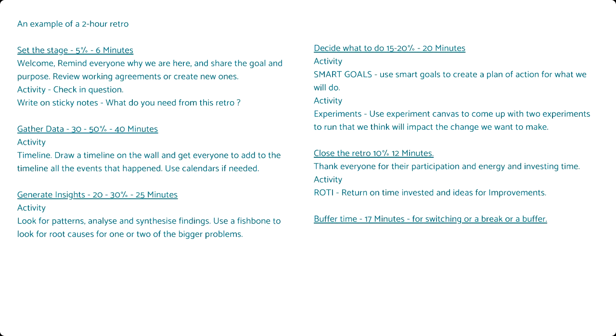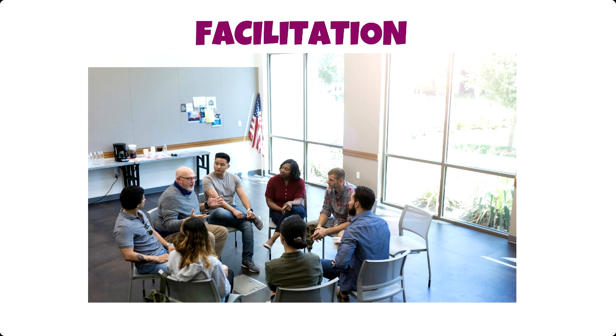But then what happened was I invested like 25 to 30 minutes in a set the stage of a 1 hour retro, which wasn't really great, right? So just make sure you're planning your retro so that you're investing time in the right places, which is really important. Then I want to chat a little bit about facilitation.